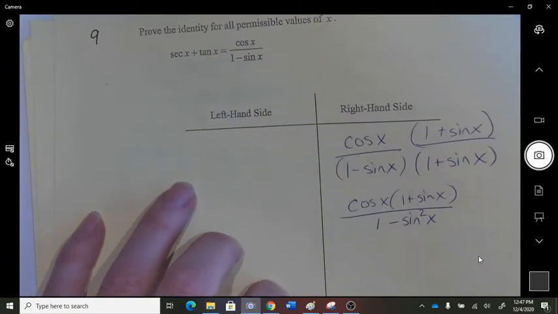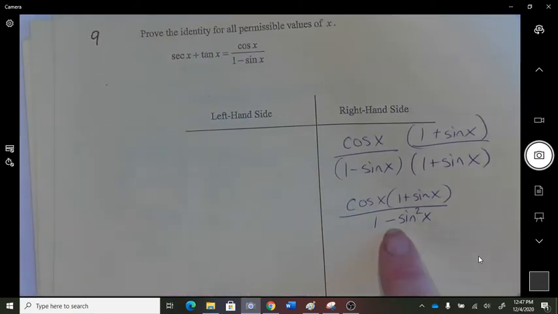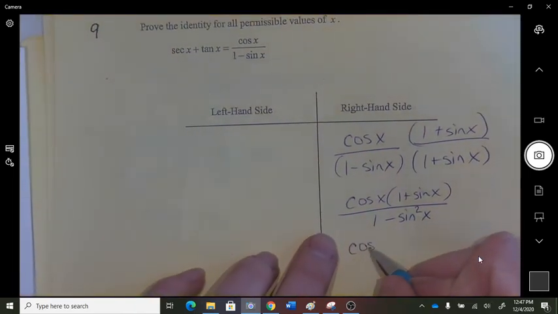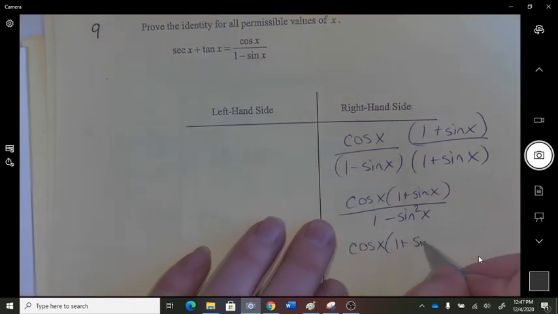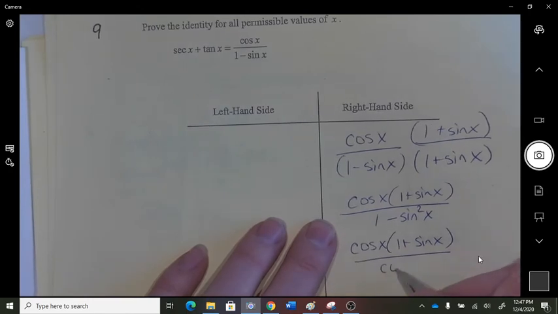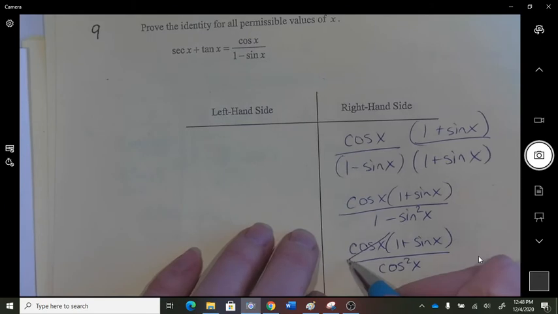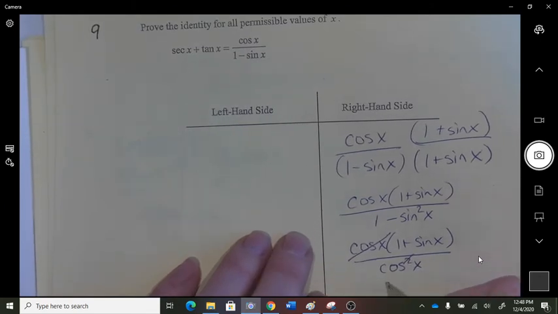Now 1 minus sine squared x can be replaced with cos squared. So I'm leaving the top, I can replace the bottom with cos squared x, and I can cancel a cos out. So I get 1 plus sine x over cos x.